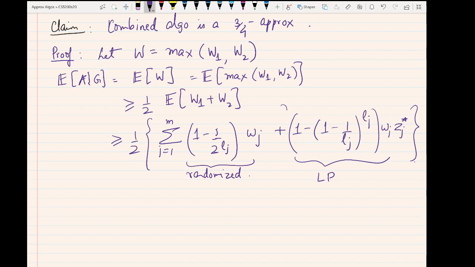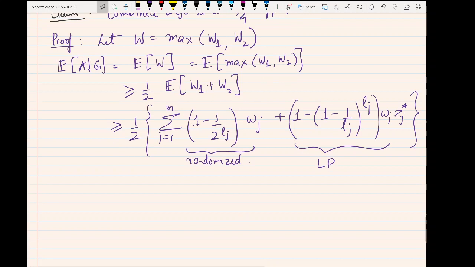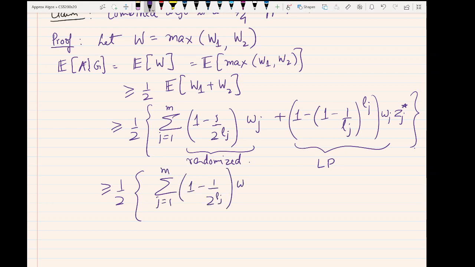Ideally, there should be a summation over here, which gives me the LP based algorithm, but I've just pulled the summation all the way outside. Now, I'm going to introduce a Zj in between because it does not really matter. And this over here I've added in because Zj star is always less than or equal to 1. It doesn't hurt to add this in.